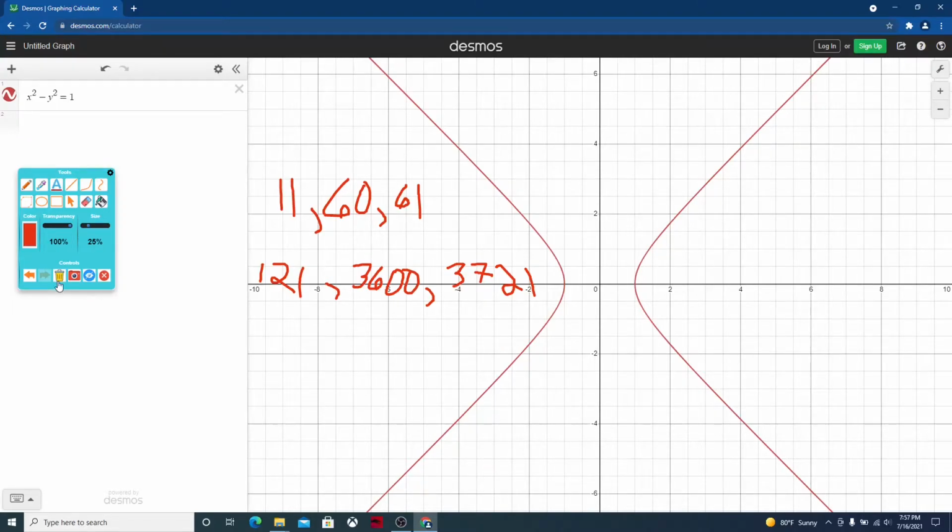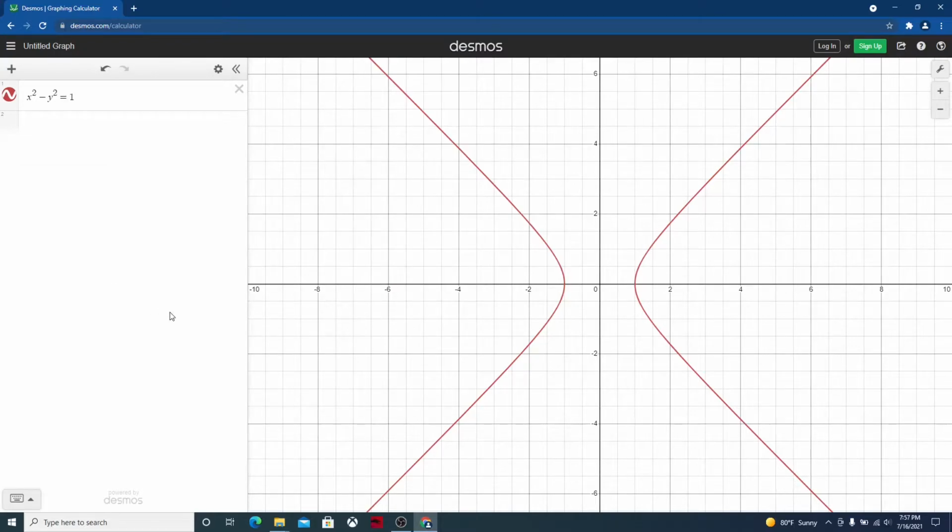In the previous videos, when we were doing ellipses, we made sure that the largest of the squares, which in this case would have been 3,721, had to be one of the numbers under either the x squared or the y squared.